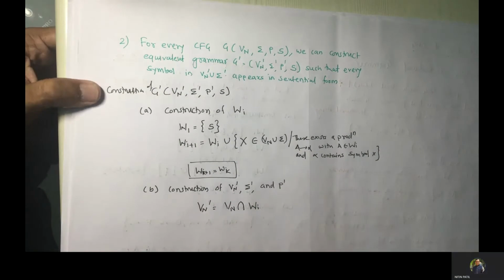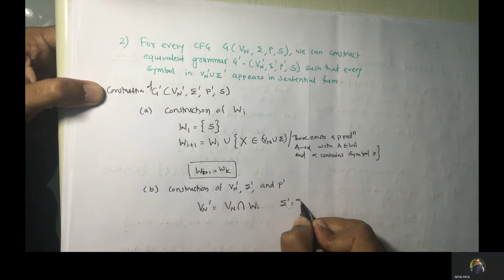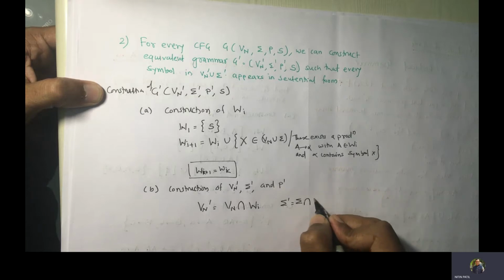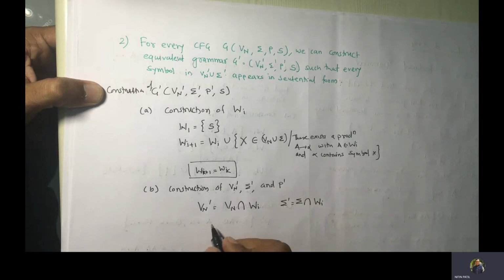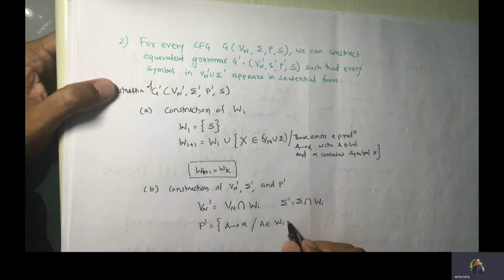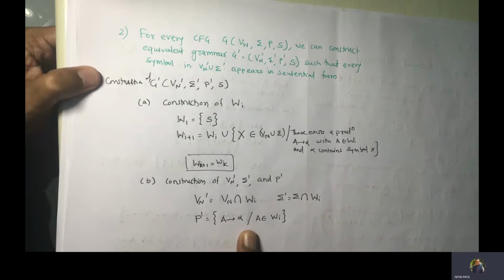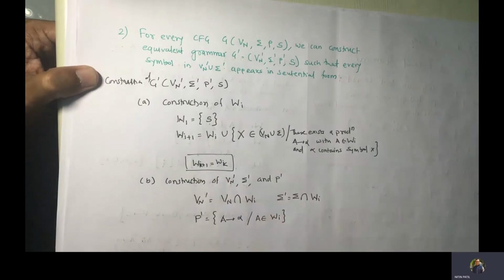This is for Vn dash. Sigma dash will be sigma intersection Wi. Now P dash will have all productions A gives alpha, where A belongs to Wi. So you are going to include all productions A gives alpha with A belonging to Wi, and that's how the process would be.